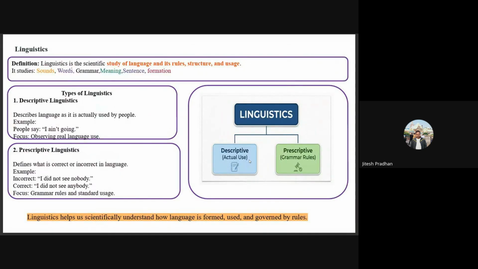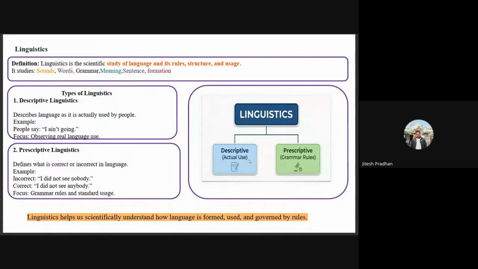The focus is on observing real language use. That sentence may not be grammatically correct, but people are using it. People may use phrases that are not grammatically correct, but the focus is the real use of the language.